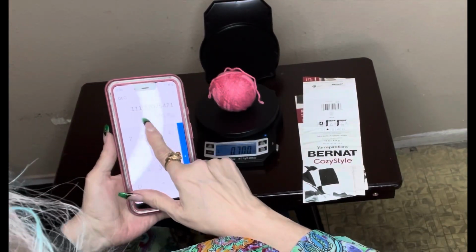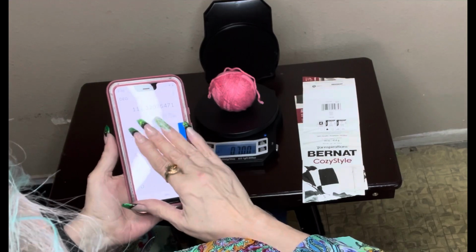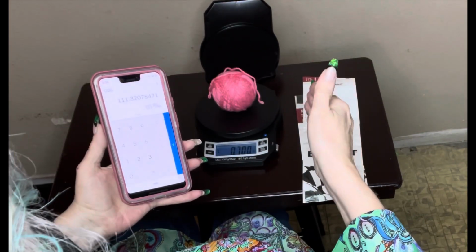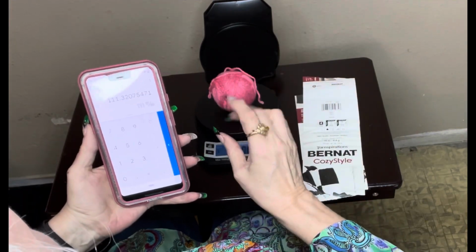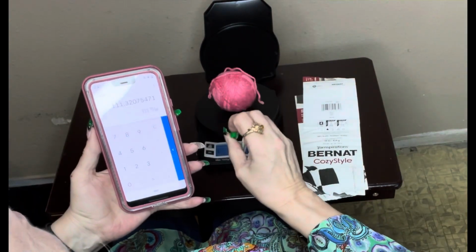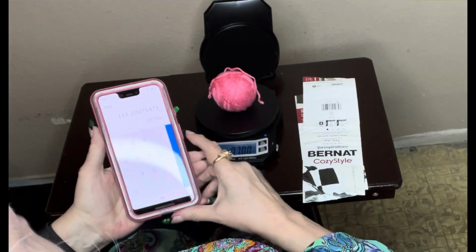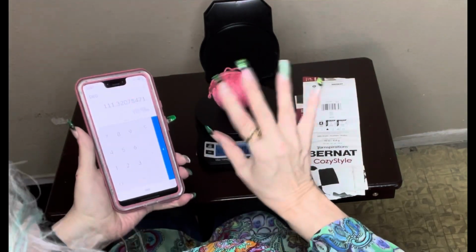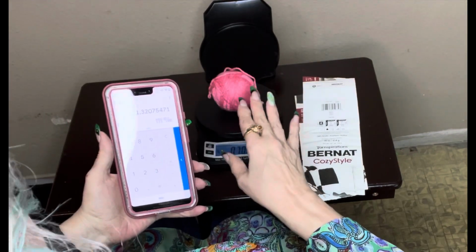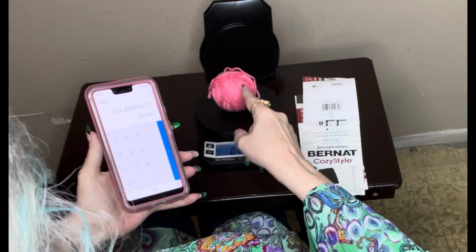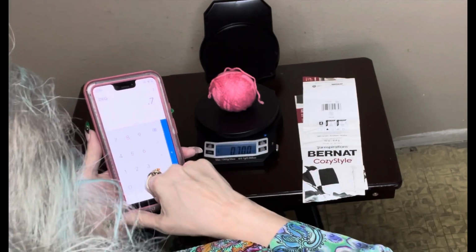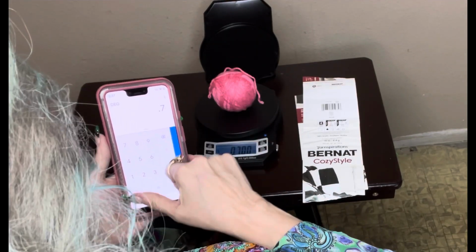So this is why, as you can tell, there's a huge difference between the yarns and how much yards you get per ounce. So that's why I do each one of my yarns and figure them out separately. So this is going to be 111. I have 0.7 ounces of yarn in that ball.